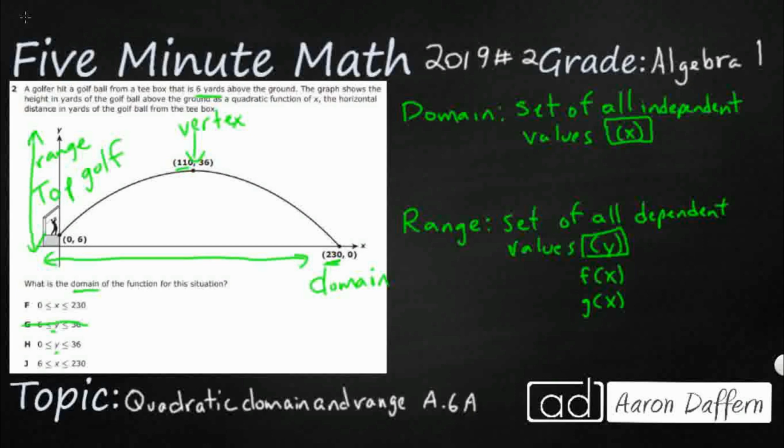So we're going to go ahead and eliminate those, and you notice that those are looking for that 36. That's the height right there, is the 36. The 110 is the x value. The y is the 36, and they just gave you 2 answers of either the starting point of the 6 yards or the ending point of 0 yards above the ground. We don't need either of those. We are looking for the x value.